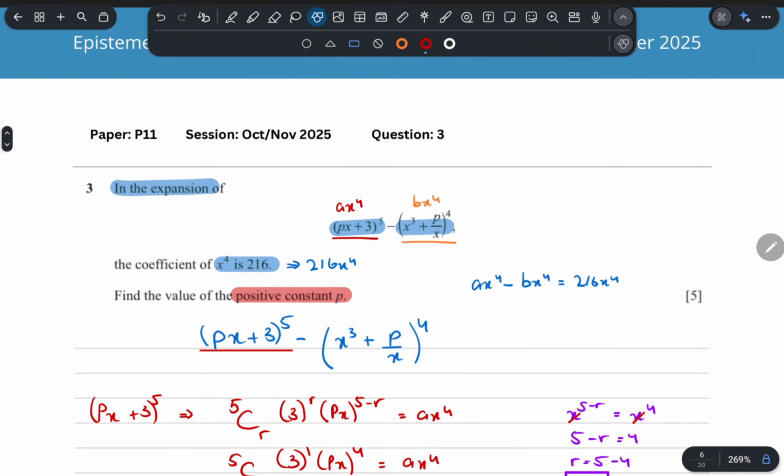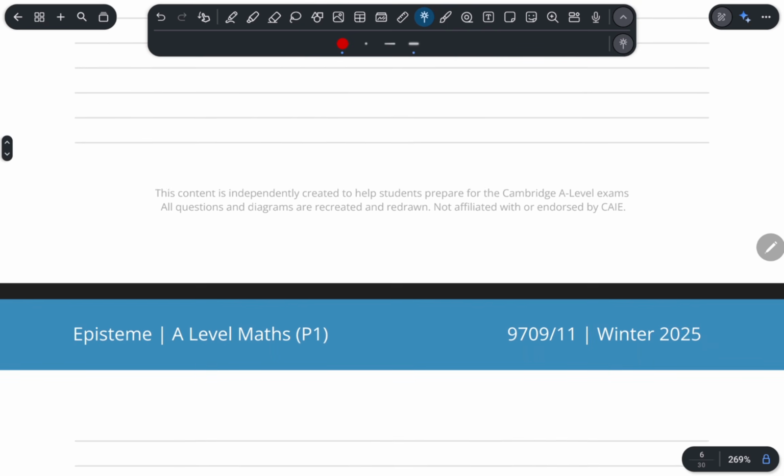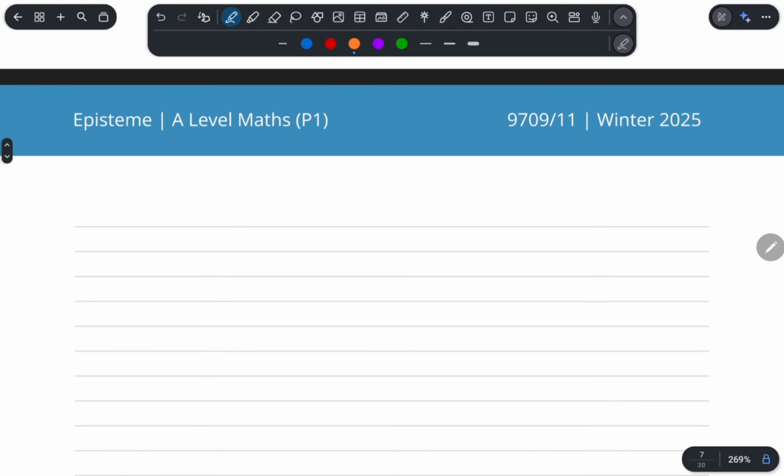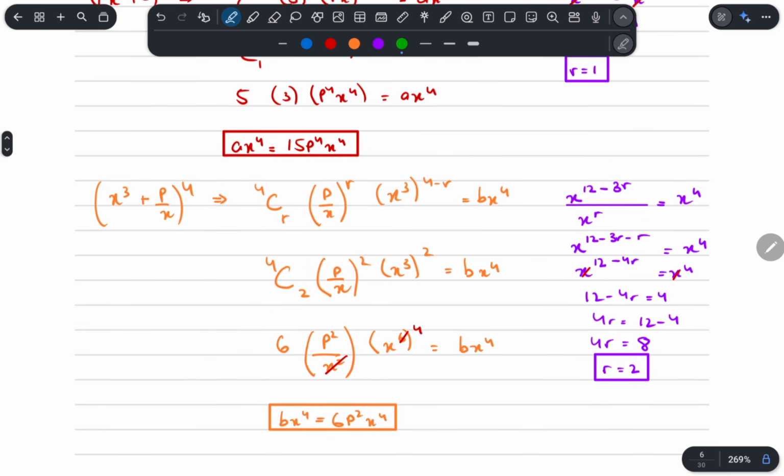Now let's go back to this equation that we made. So we have the a value and the b value. Let's just solve for this. So ax to the power of 4 minus bx to the power of 4 equals 216x to the power of 4.